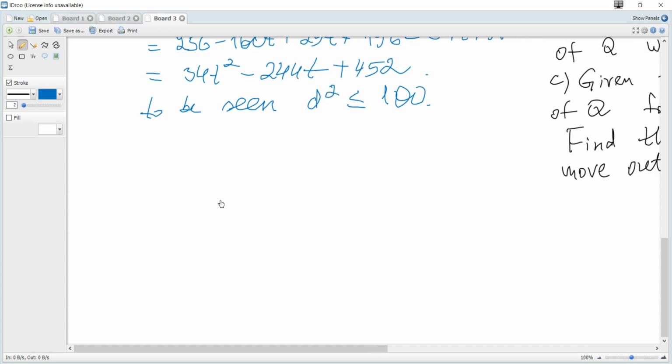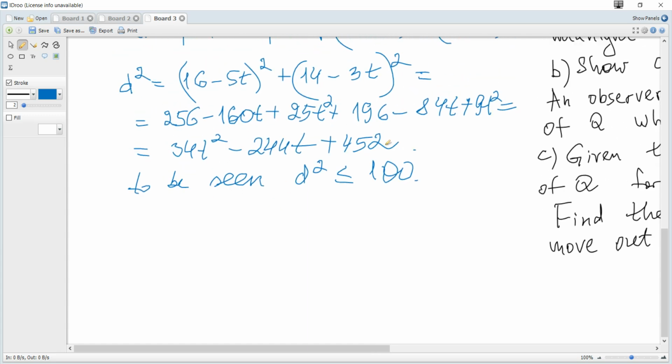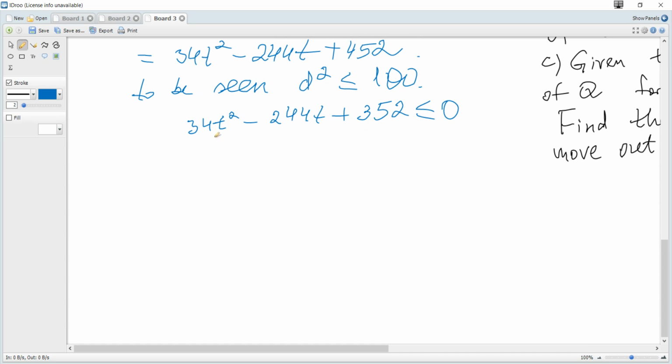So to be seen, this d squared expression must be less than or equal to 100, and if we move 100 to the left, it becomes 34t squared minus 244t plus 352 less than or equal to 0 to be seen. It's a quadratic inequality, and this is the graph of the function.